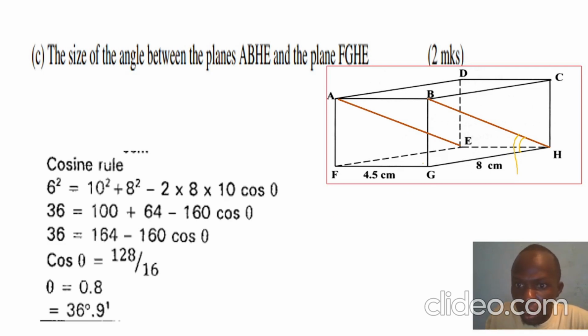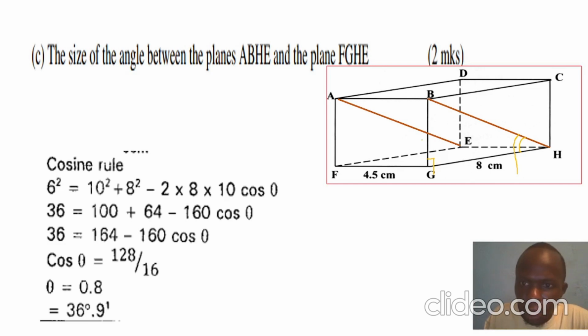And remember, note that this is 90 degrees. Now, according to the solution that has been provided here, it's using a cosine rule relationship, but I'll show you shortly an alternative method and you'll arrive at the same solution.